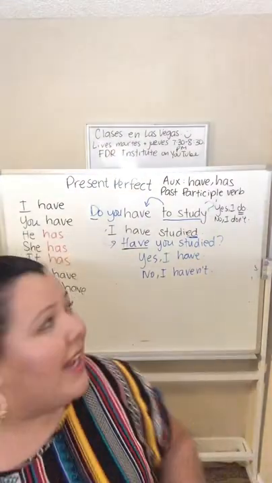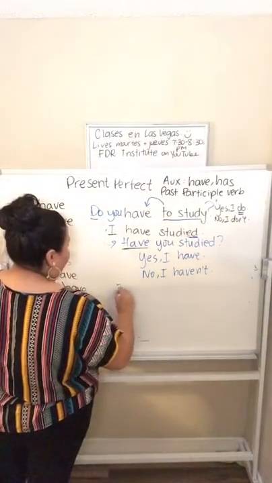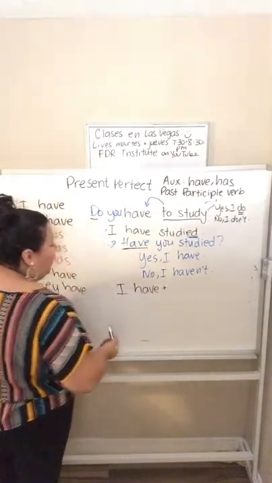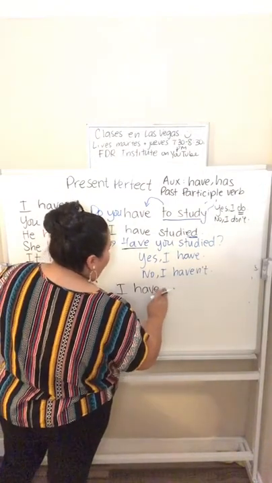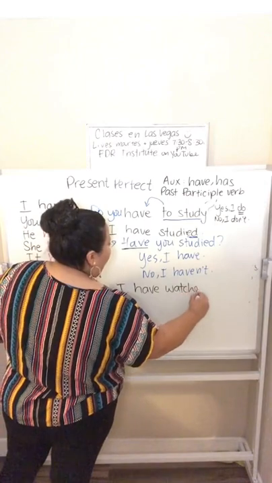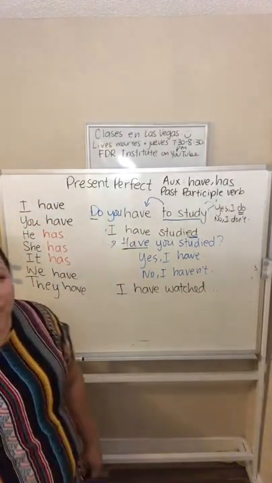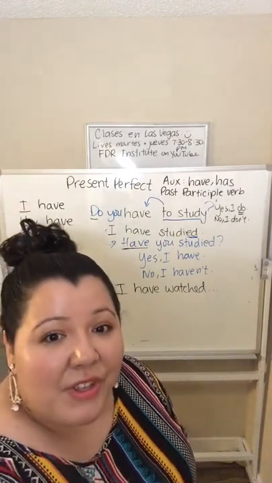So, again, one more time. One last thing. I have más un verbo en el pasado participio que termina con ed, o sea, un verbo irregular. Por ejemplo, let's say, I have watched. Ahorita ha salido la cuarta temporada de Stranger Things. No lo he empezado, pero por ejemplo, I have watched Stranger Things.